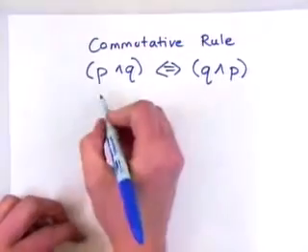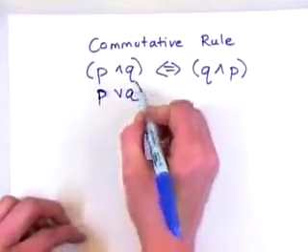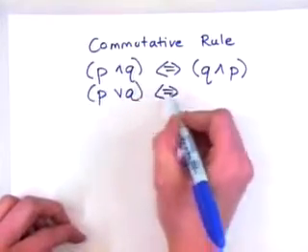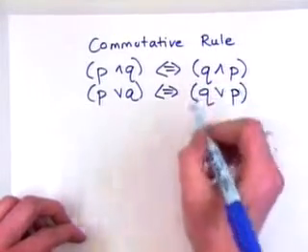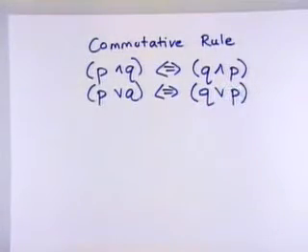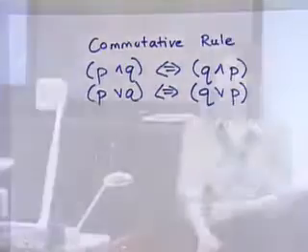Okay, so we also have the same thing with ORs. So P or Q is logically equivalent to Q or P. That wouldn't work necessarily for implication, would it? It doesn't work for implication, right?